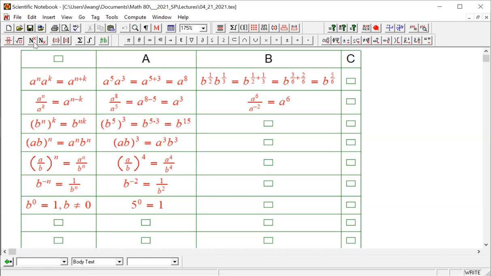So you have 6 minus the exponent in the bottom, which is -2. So be very careful. Then you're going to have a raised to the power of 6 minus -2, which is 6 plus 2. So in the end, you're going to get a raised to the power of 8. All right. So far, so good.